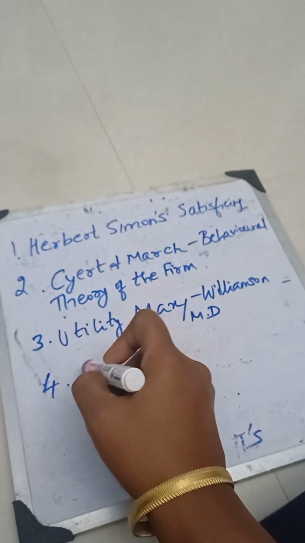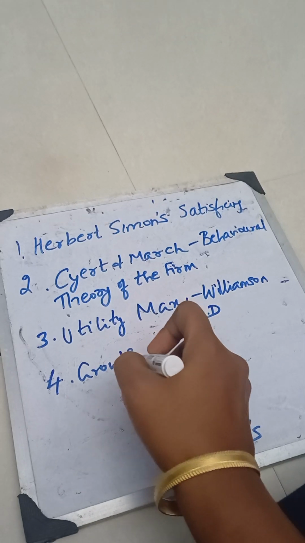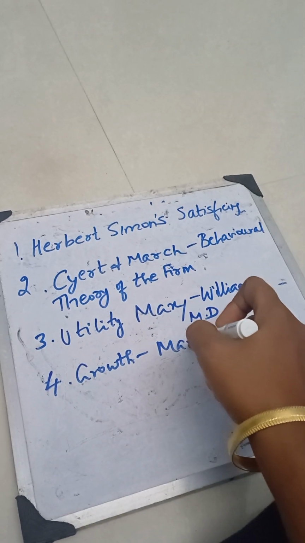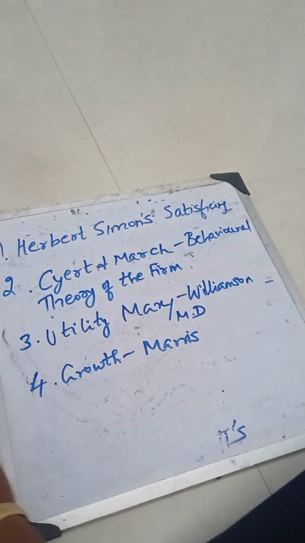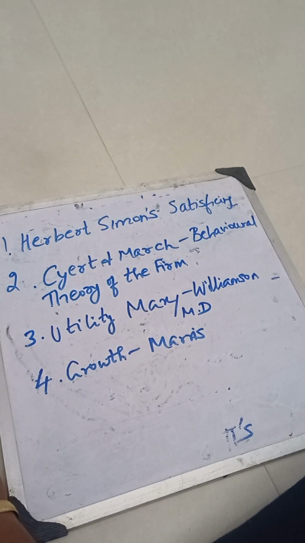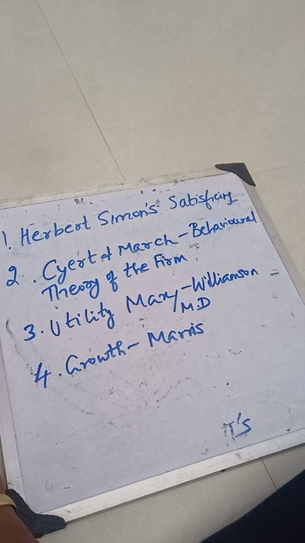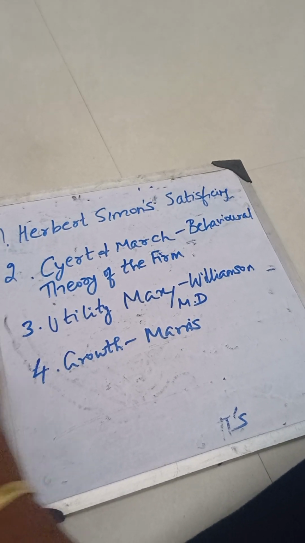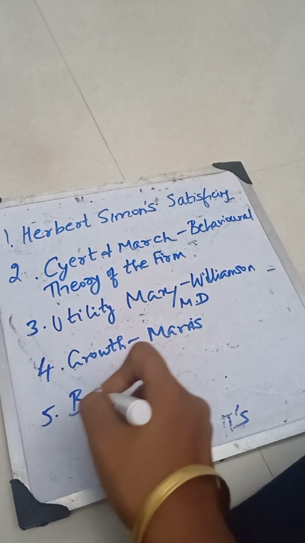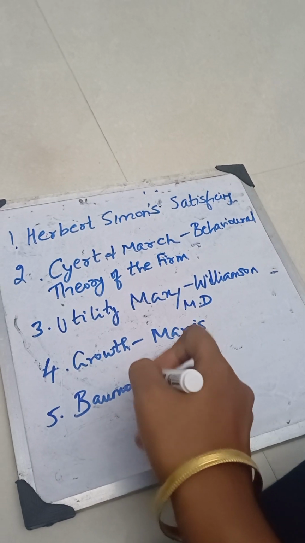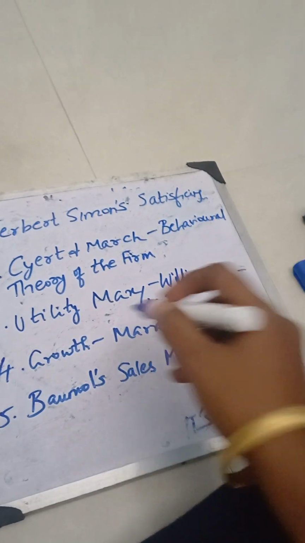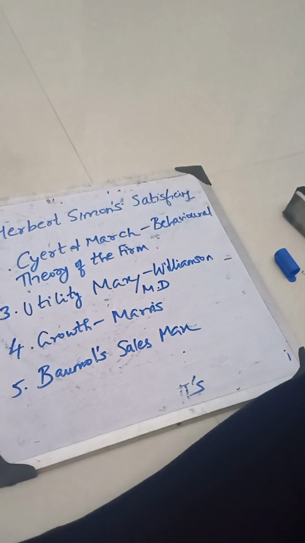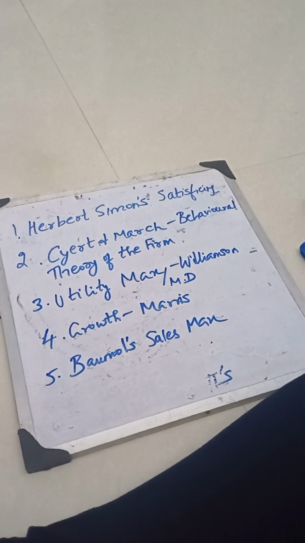Then you have the growth objective given by Marris, who wrote the book The Economic Theory of Managerial Capitalism. Then you have the famous Baumol's sales maximization theory. According to Baumol, it is the maximization of sales which becomes the main objective of the firm, and this was after he studied the oligopoly firms in America.